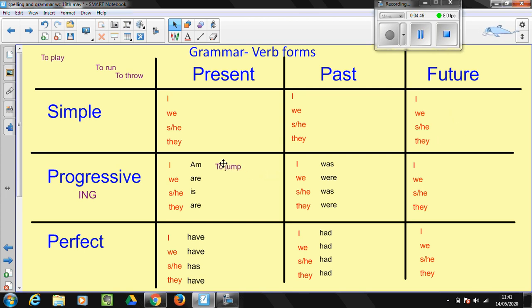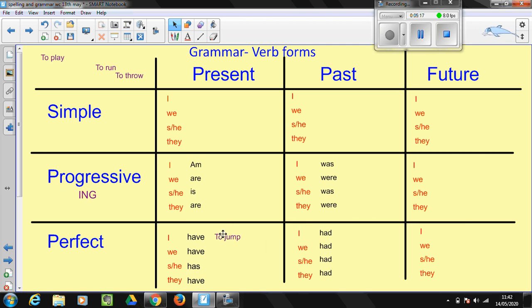Remember, progressive is ing. I am jumping. I was jumping. I will be jumping. And finally, perfect. Remember, have and has are present.